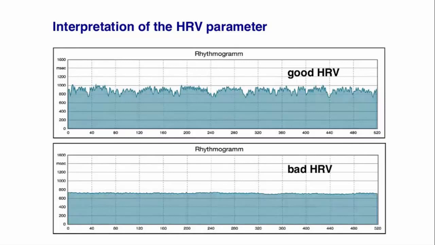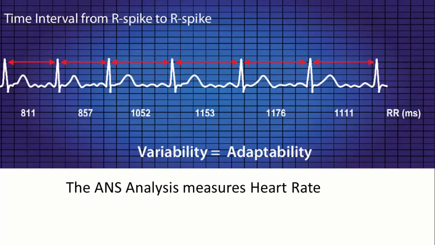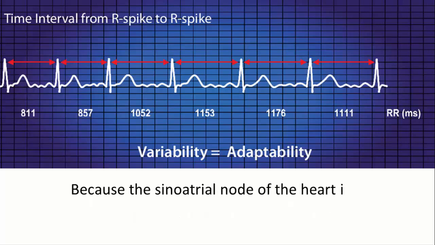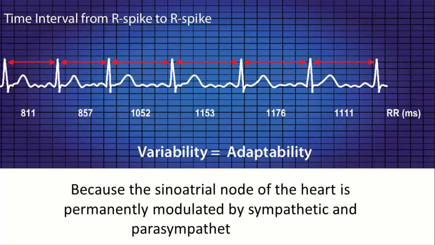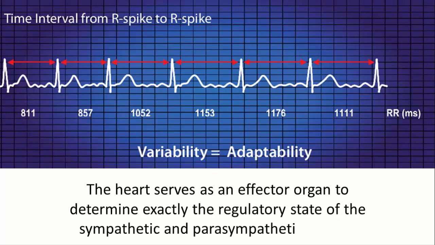Let's explore heart rate variability a bit further because it's a very important concept. The ANS analysis measures heart rate variability, or rather the beat between each subsequent heartbeat. Because the sinoatrial node of the heart is permanently modulated or influenced by sympathetic and parasympathetic stimuli, the heart serves as an effector organ to determine exactly the regulatory state of the sympathetic and parasympathetic system.